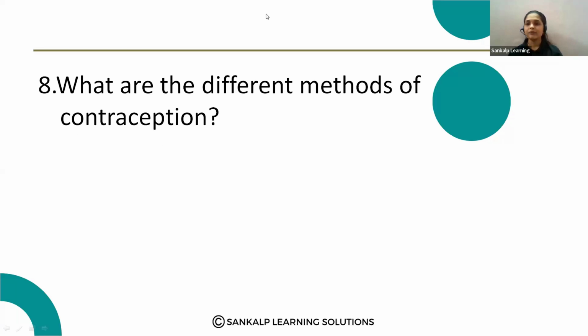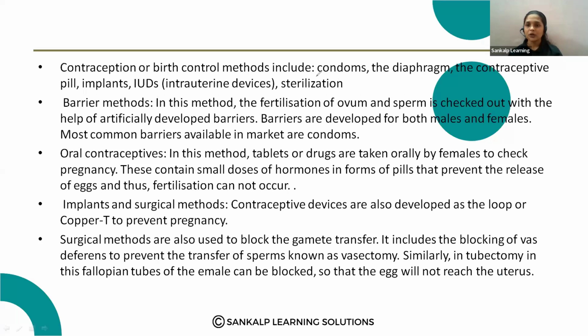So here different types of contraception methods are there. That includes condoms, contraceptive pills, intrauterine devices (IUD means intrauterine devices), and sterilization techniques. Okay, here first, what you have to explain is the barrier method.